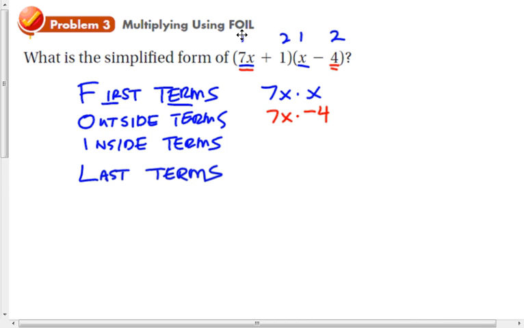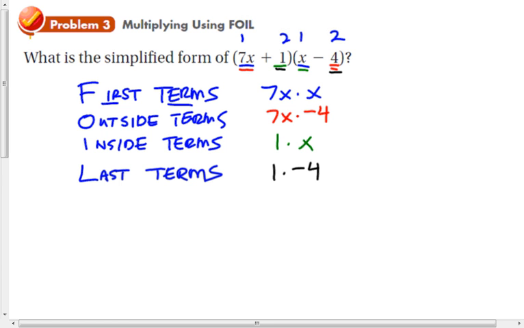Then the inside terms, that would be the 1 and x, so we're going to do 1 times x for that one. And then the last terms, that would be the 1 and the -4.